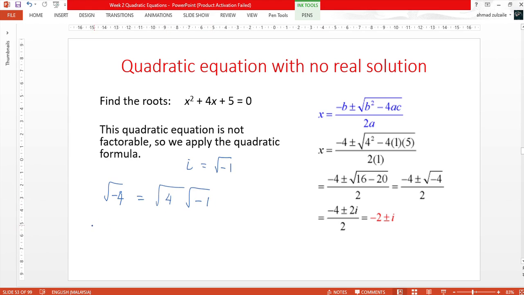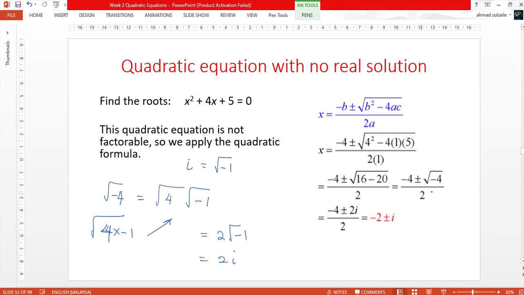Because the square root of -4 is a product of 4 and -1, that's why we can substitute into this. So the square root of 4 is equal to 2, times the square root of -1. You know that the square root of -1 is equal to i, in the complex number subtopic that we discussed in the last video, right?